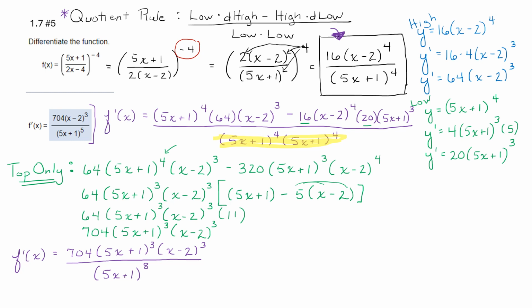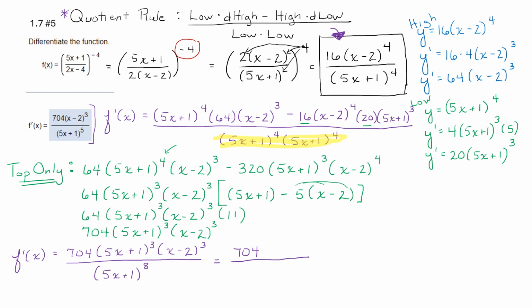We've done a lot and we're almost done. We keep the 704, and for the 5x + 1, I've got 3 on the top, I've got 8 on the bottom.